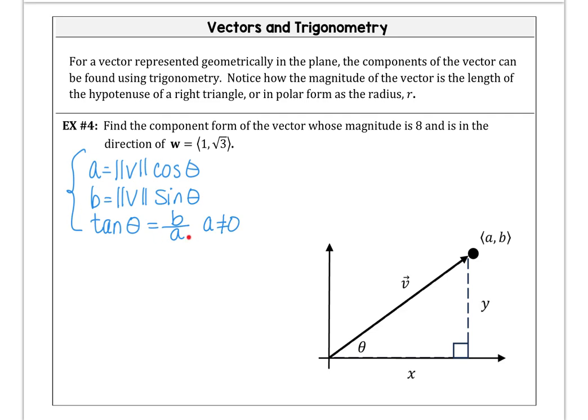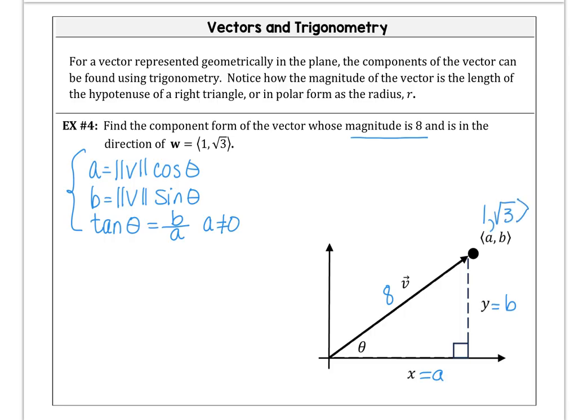These are 3 important facts that we're going to incorporate using information from trigonometry. If x is the a value and y is the b value, then the magnitude is the length of the hypotenuse. We know the magnitude is 8, so that's our hypotenuse here. And it's in the direction of <1, square root of 3>.